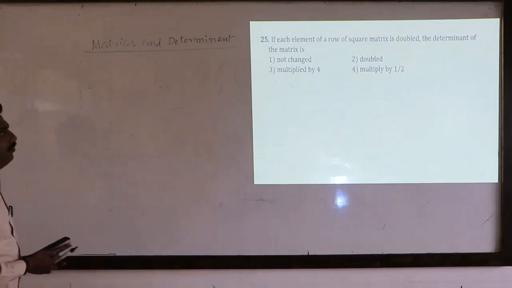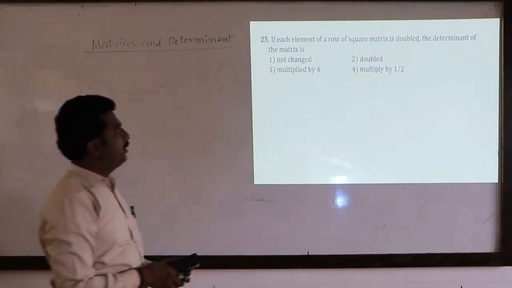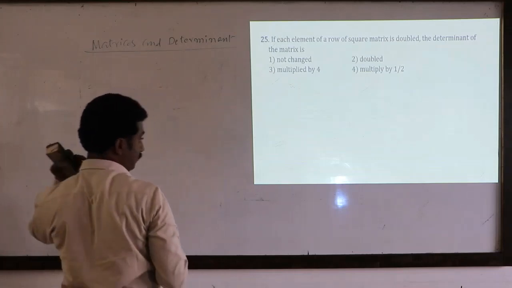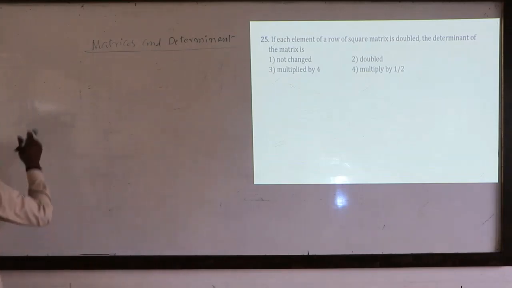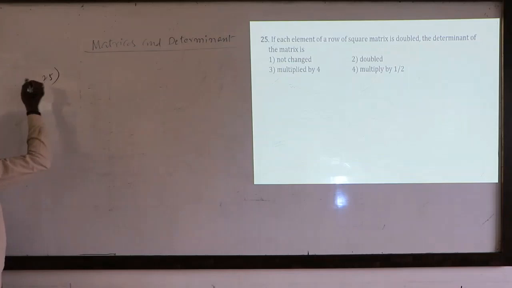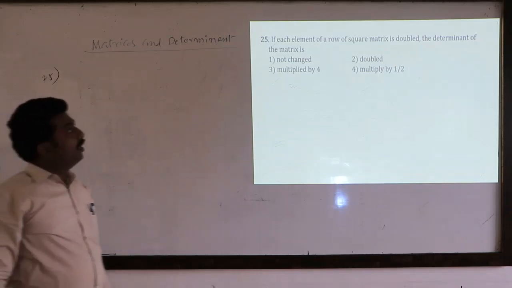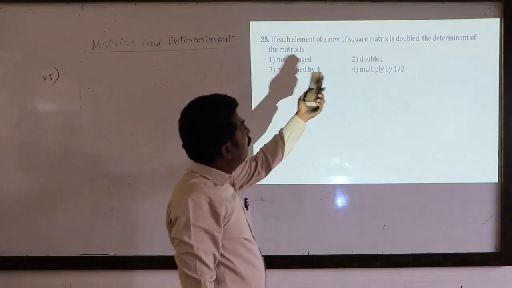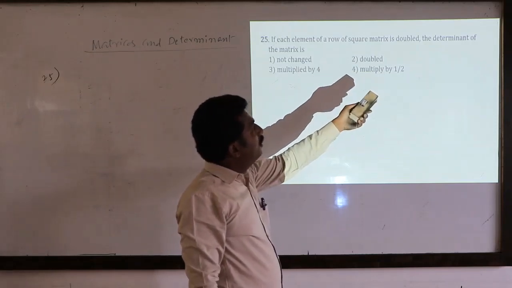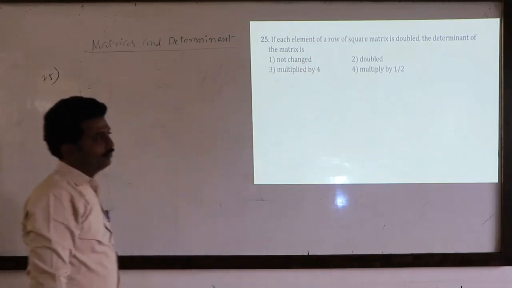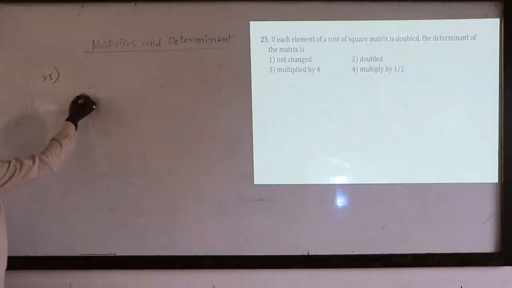Next: if each element of a row of a square matrix is doubled, then what happens to its determinant?